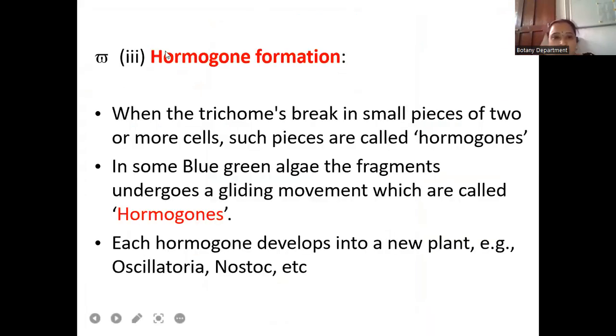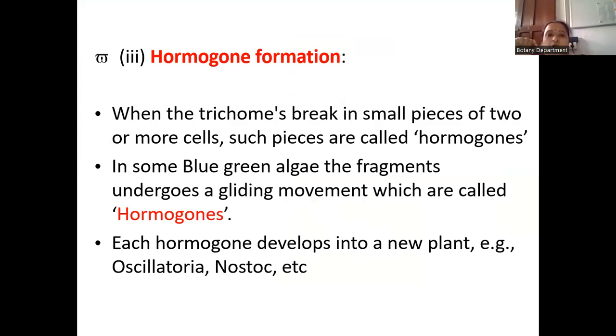The third one is Hormogonia. What is a trichome? Trichomes break into small pieces. You can observe trichomes only in Myxophyceae members, meaning blue-green algae.